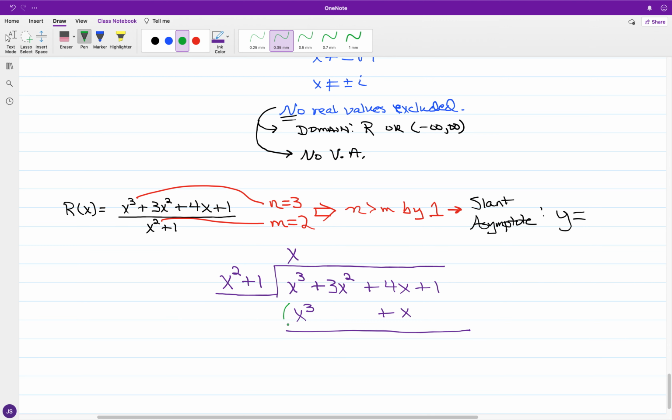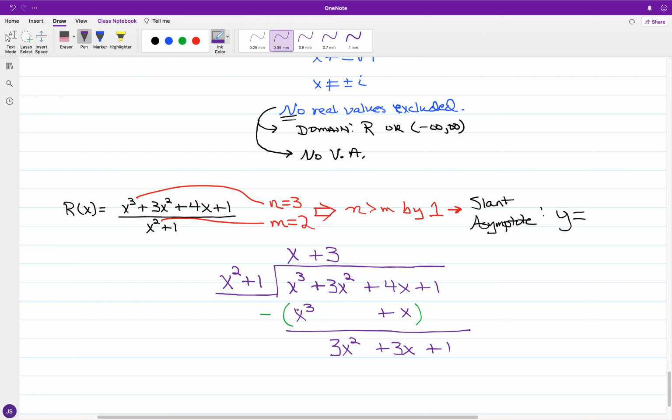With long division, I'm subtracting row by row. So we have x cubed will go out. Notice that 3x squared is untouched, so I'm going to bring this down. And we have 4x minus x, which will leave us with 3x, and then we have the plus 1. Now we have x squared into 3x squared. This will go 3 times.